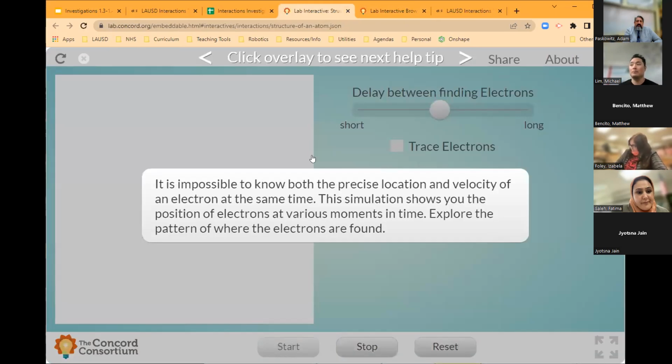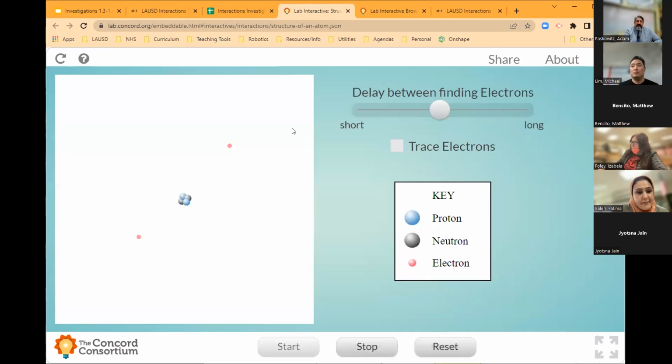We can't locate the exact location of an electron, because electrons move very erratically, very fast, they're very small, and they can't actually be located the way that we like to draw them.